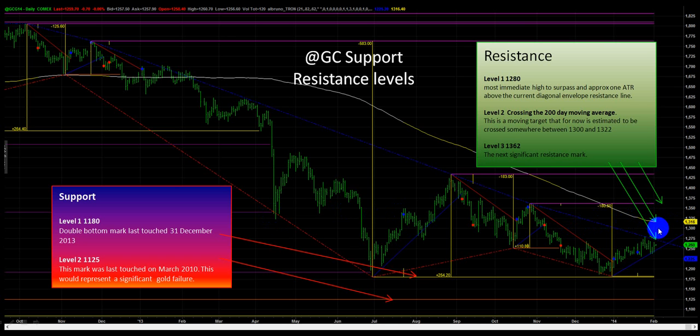So somewhere in there, if the price closes above it, the next mark it would hit is our level 3 of 1362, which is its historical mark right here. No telling if it's going to bounce off or go through, but we expect price of gold to actually come up and touch and possibly close over the 200-day moving average as being the first serious resistance.